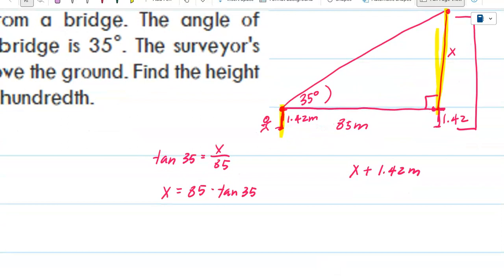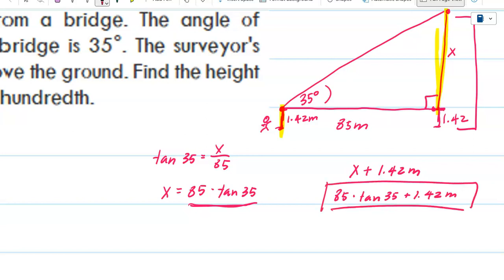Exact values involves just leaving it like this. You will not get a calculator to solve that, because the calculators are also capable of giving you all the values of the unit circle. So we have 85 times tangent of 35 degrees plus 1.42 meters. And that's as far as we can go with that answer.